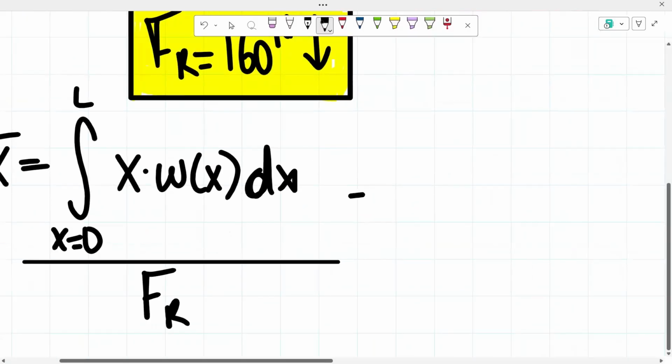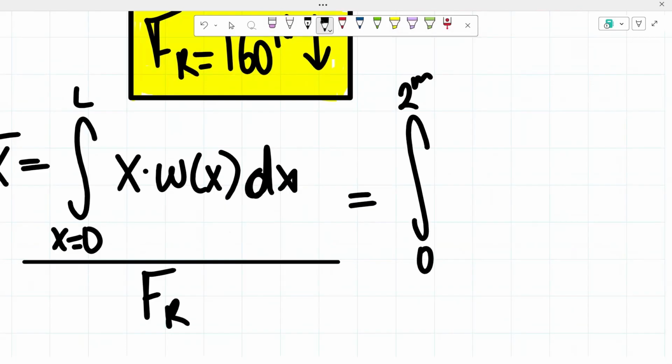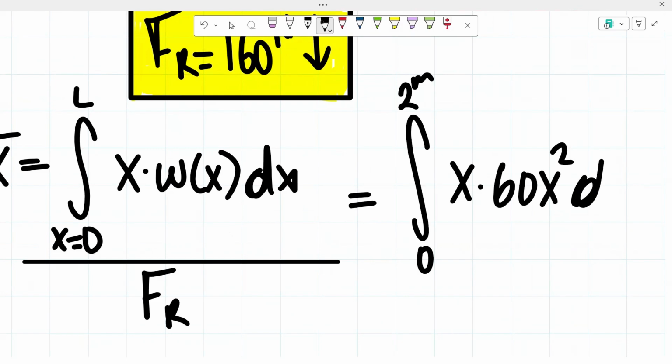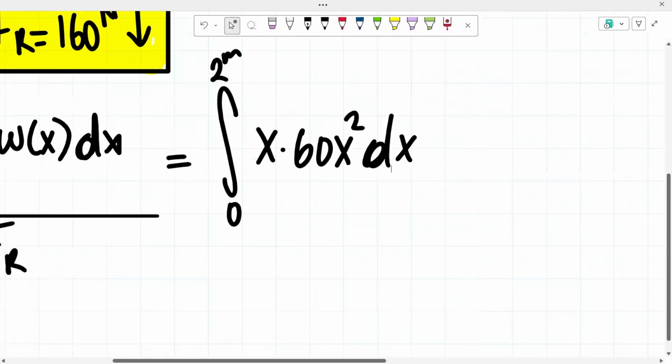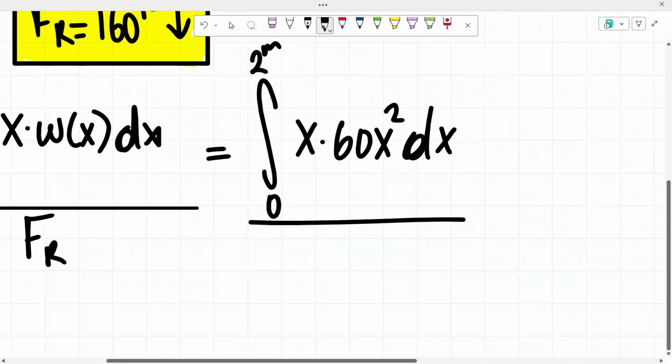From there, once again, you're just going to plug in everything. We start at 0, we go all the way up to 2 meters, x times our distributed load, which is 60x squared, dx, all over our resultant force.